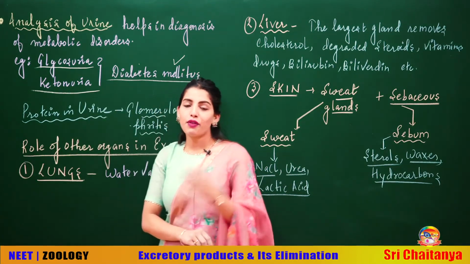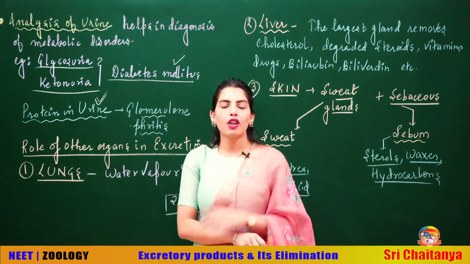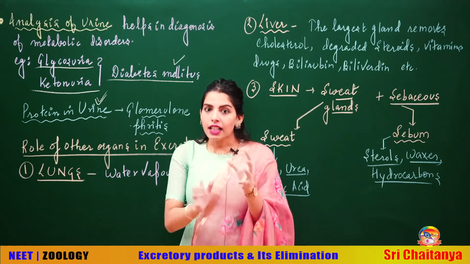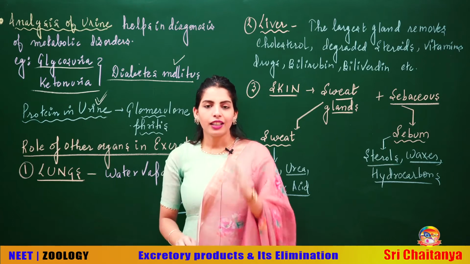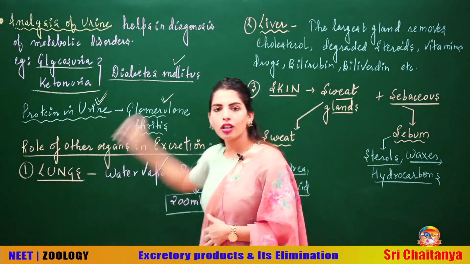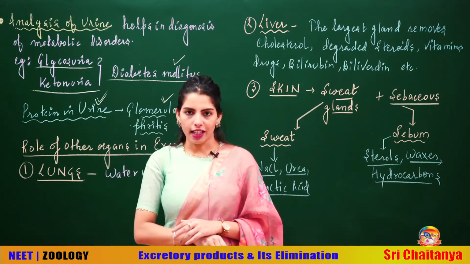Also students, if proteins are getting filtered out and coming out in the urine in large quantities, that tells you that maybe some problem is there in the filtration membrane, that is glomerulonephritis. It is one of the disorders given in the excretory system chapter, in the last part of your NCERT.